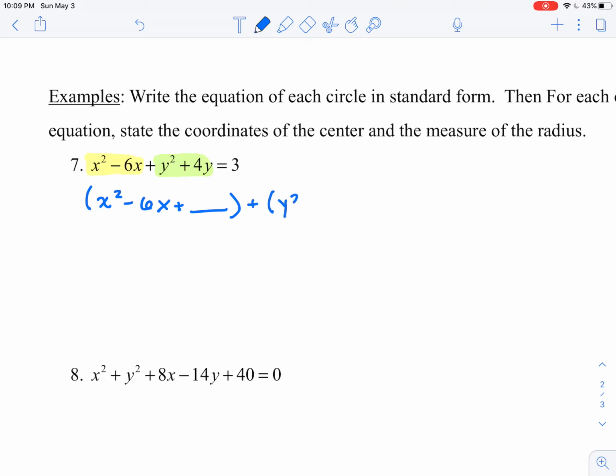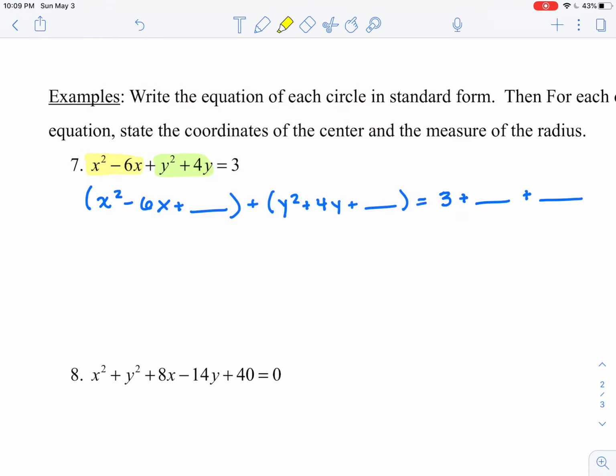Then for the y's, I'm going to do the same thing. y squared plus 4y plus, leave myself a space, equals 3 plus blank plus blank. Okay, completing the square is figuring out what goes into all of those different blanks.